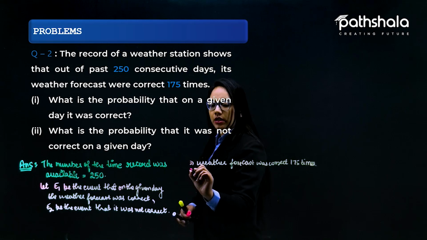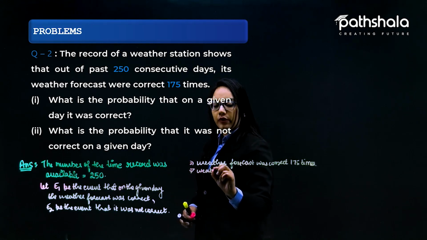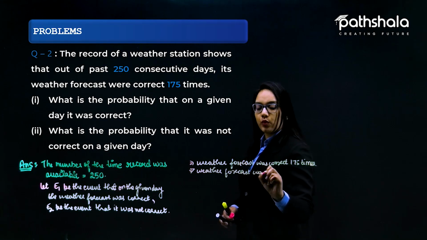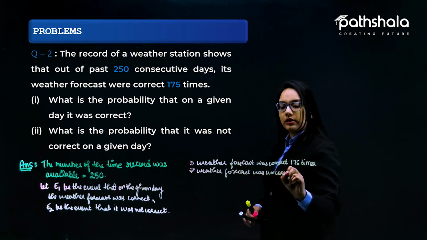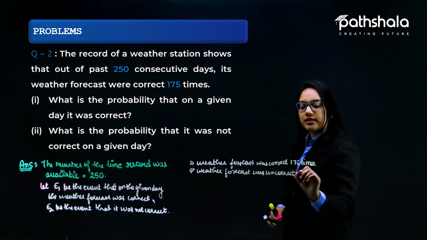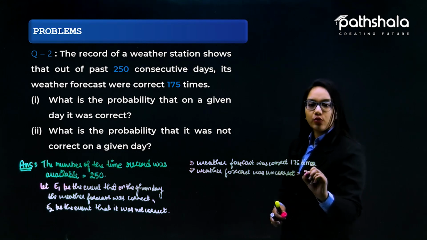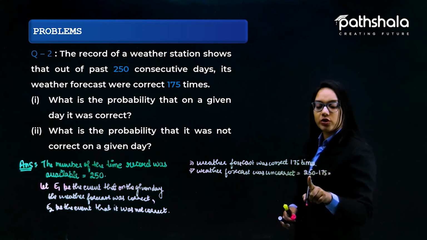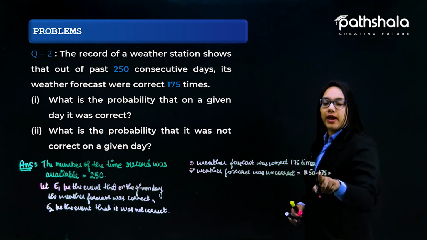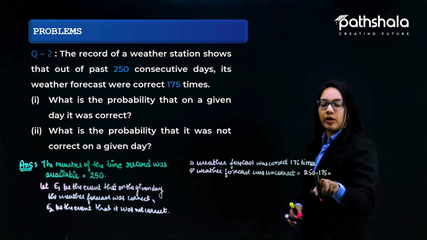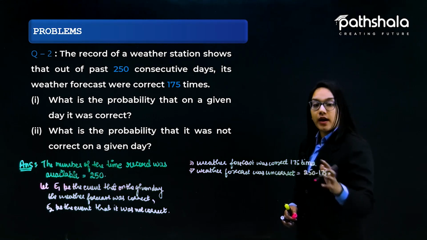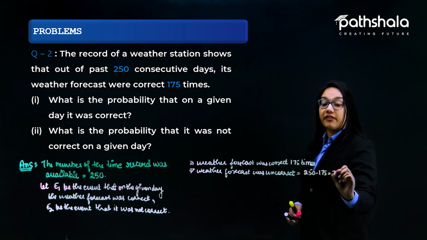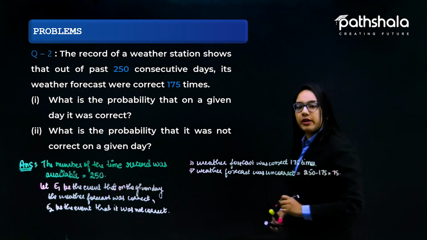It implies the weather forecast was incorrect or not correct is equal to total 250 minus 175 times. So 250 was the total times when the record was available, minus 175, the times when the weather forecast was correct. So incorrect means 250 minus 175, which is equal to 75. So let's find out the probability of all of these.